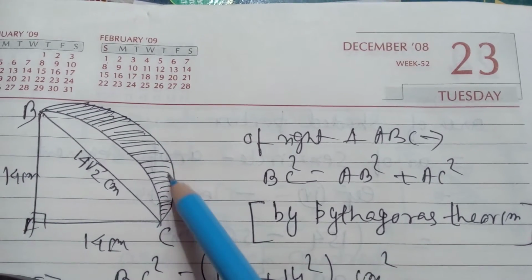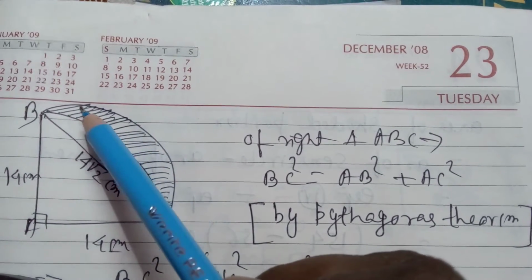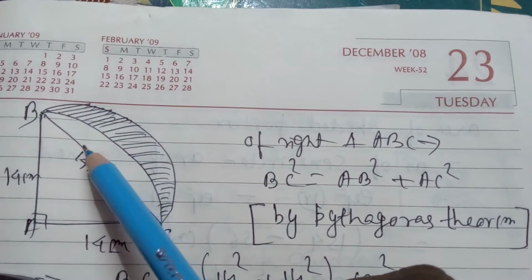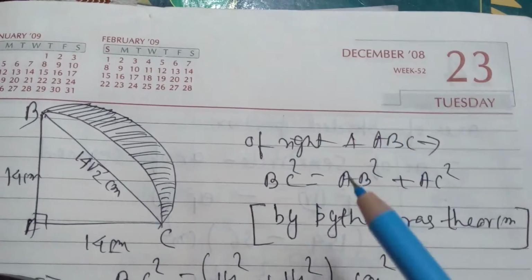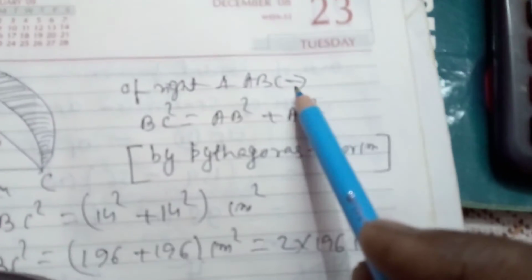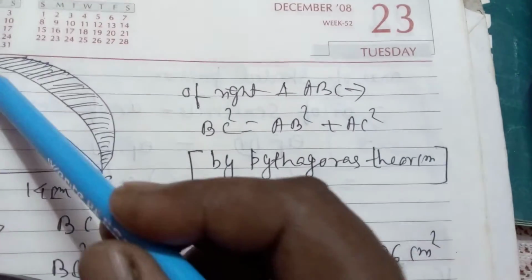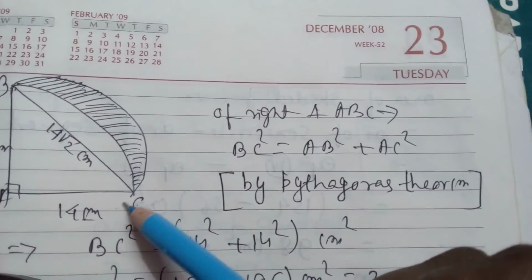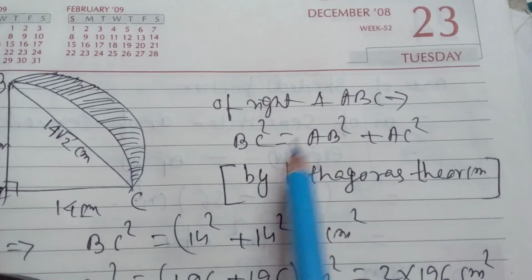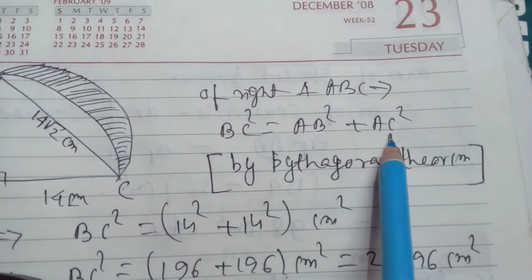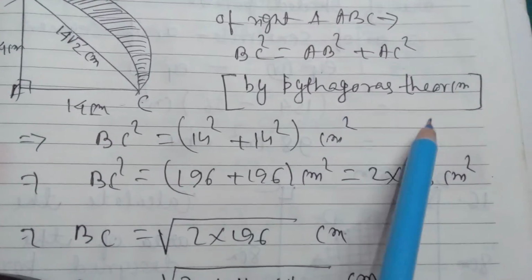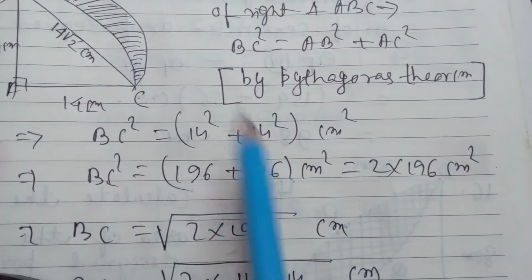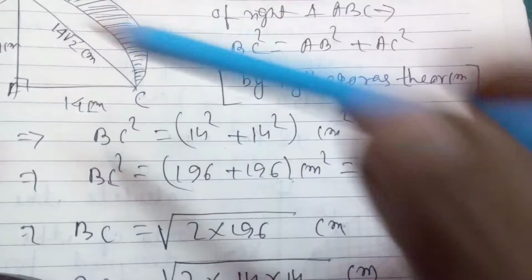Now you have to find this shaded area, which is the area of the semicircle minus area of the segment. So of the right triangle ABC, you have to take out BC at first, because BC is the diameter of the semicircle. So BC square equals AB square plus AC square using Pythagoras theorem. So BC square equals 14 square plus 14 square, because these sides are 14.